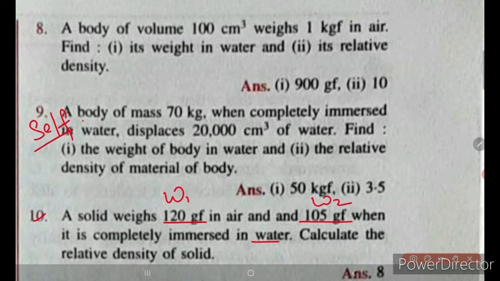Calculate the relative density of the solid. I think you can do this also by yourself using the formula relative density is equal to W1 upon W1 minus W2. Please try to do number 10 by yourself.